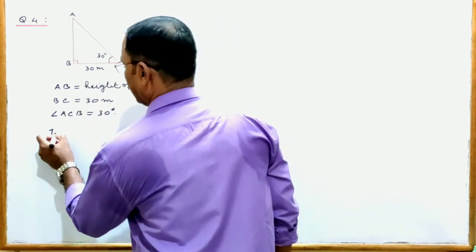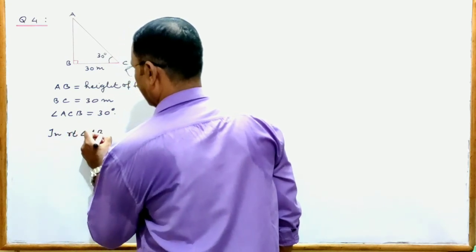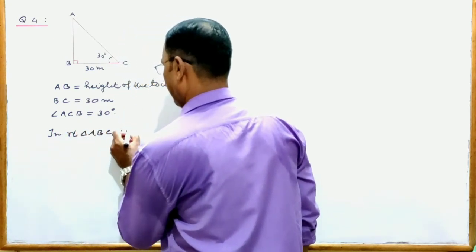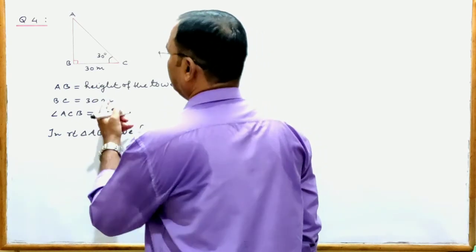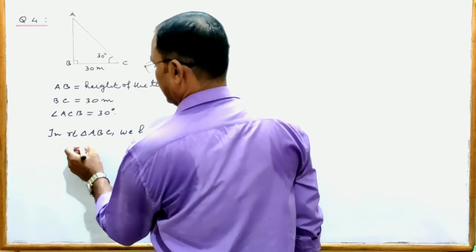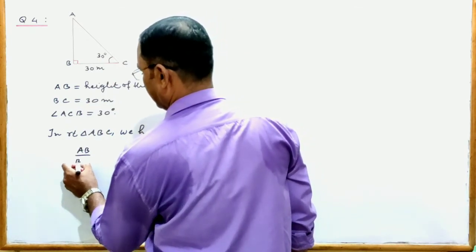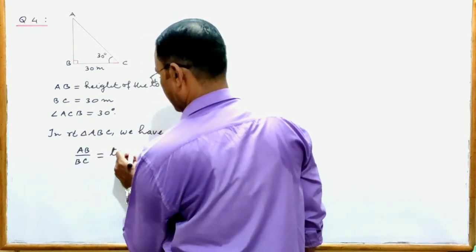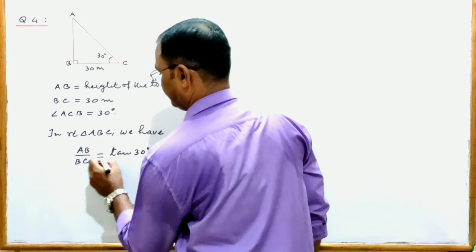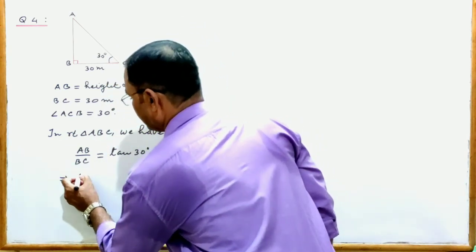So in right triangle ABC we have AB by BC is equal to tan 30 degrees. AB, height of the tower, we have to find out.